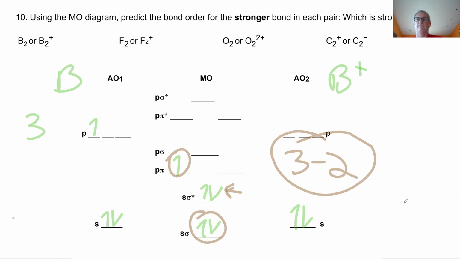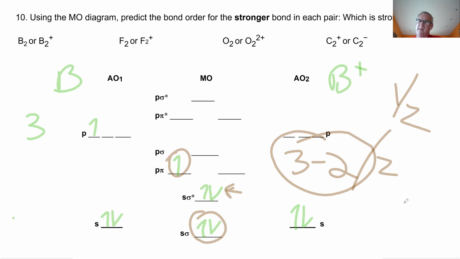You divide by 2. Right. Because remember, every bond is a pair of electrons. A sigma bond is a pair of electrons. Pi bonds, a pair of electrons. They're situated in different places and shared in different ways, but they're still 2. So if I have 6 more bonding electrons than I have anti-bonding electrons, that's 3 bonds. So in the same way here, I have 1 more bonding electron than anti-bonding electron. I divide by 2, and my bond order, therefore, is 1/2.